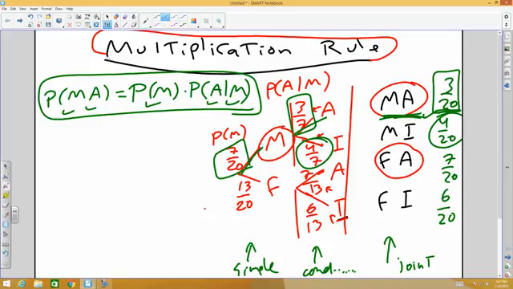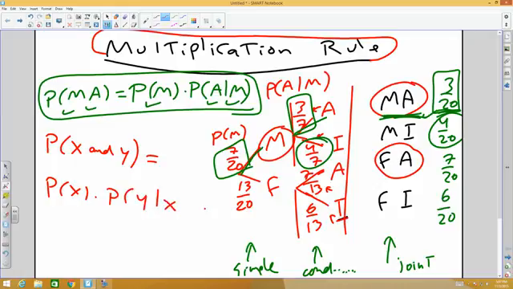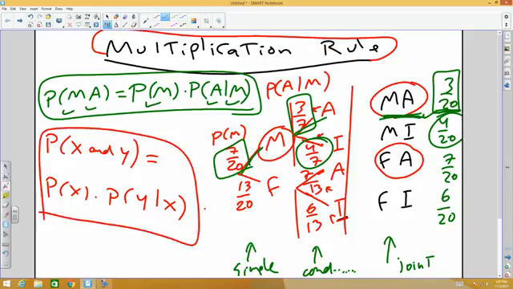So in general, if I want to find the probability that I have X and Y, it is the probability of X, because it happened first, times the probability of Y given X, the second given the first. That's called the multiplication rule: the first, and then the second given the first, which is the conditional probability.